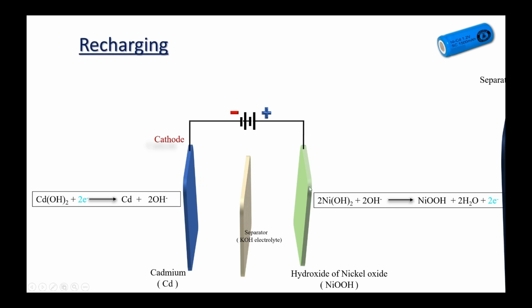At the positive terminal of the battery, the nickel hydroxide undergoes oxidation along with 2 hydroxide ions. There will be formation of hydroxide of nickel oxide, which starts to deposit on this layer, along with 2 water molecules and 2 electrons.